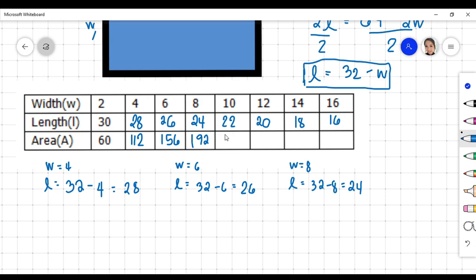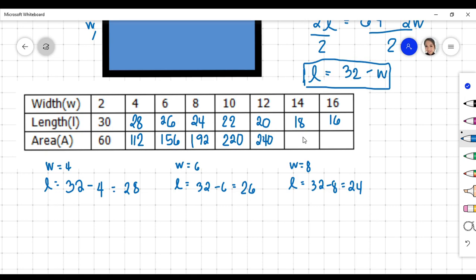So that is equal to 220. So if you notice, our area is gradually increasing. We have to find the maximum area or the highest area for this scenario or for this problem. So next, 12 times 20, that is 240.